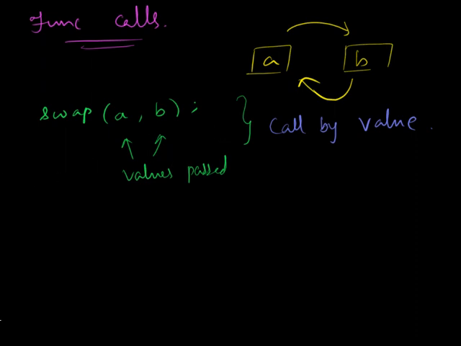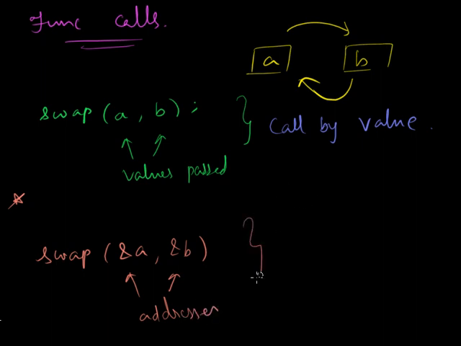On the other hand, if you write like this, swap of address of a and address of b, you pass addresses and you manipulate those values using the indirection operator star. So when you pass addresses, such type of call is called call by reference.